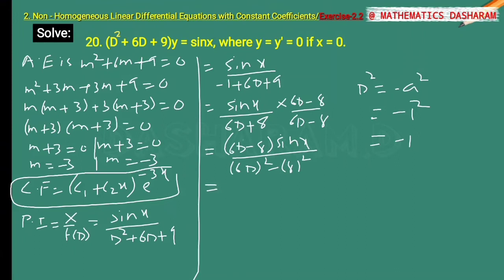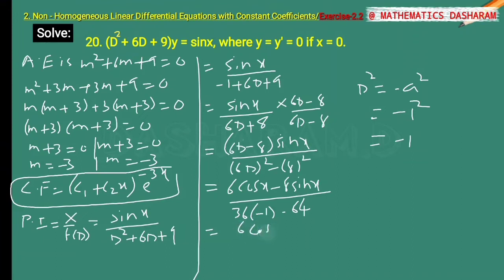So 6d sin x means derivative of sin x, so 6 into cos x minus 8 into sin x by 6 square, 36, and d square value minus 1, and 8 square is 64.